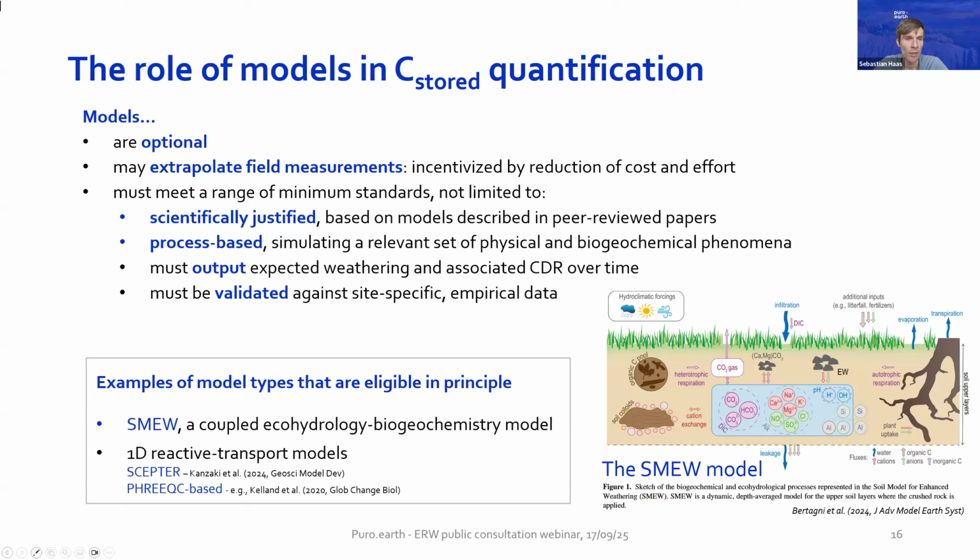And if you're into ERW models, here are a few examples of model types that would be eligible in principle, like the soil model for enhanced weathering, SMOO, a coupled ecohydrology biogeochemistry model by Bertani et al., or various 1D reactive transport models like the SEPTA model presented by Kanzaki et al. 2024, or Fick's-law-based ones like the one by Kelland et al. 2020.